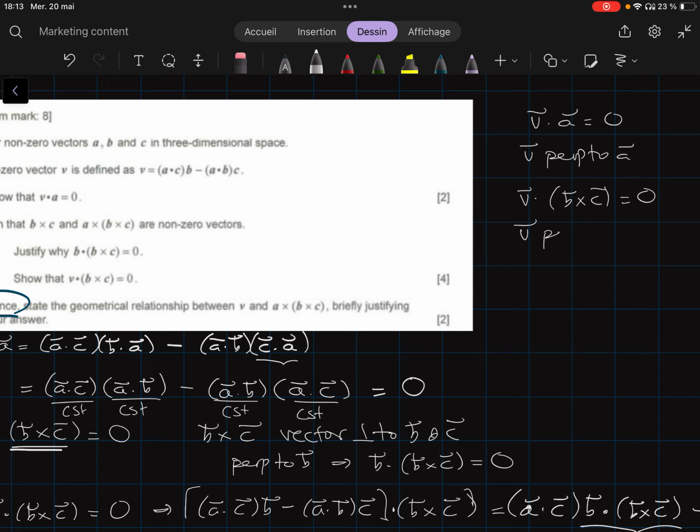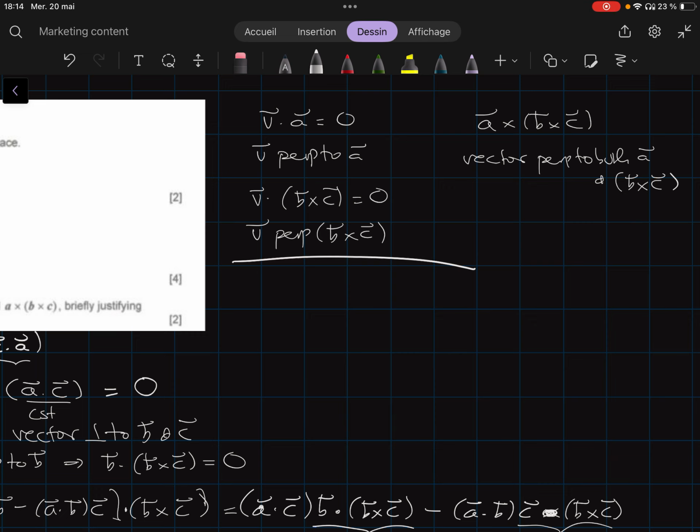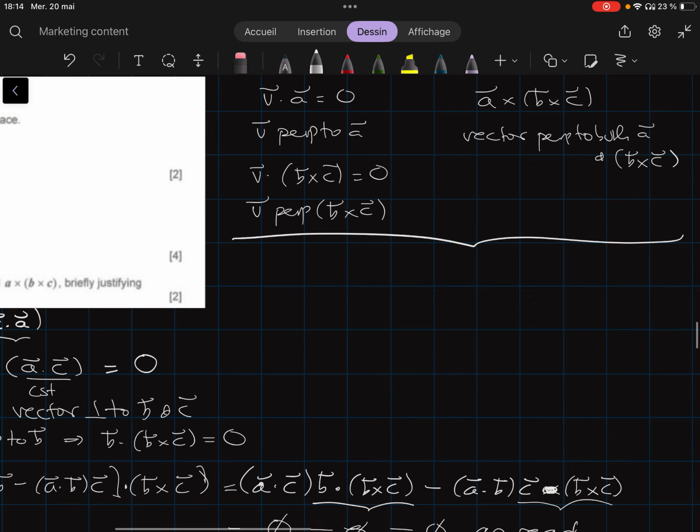So V is perpendicular to B cross C, right? What is A cross B cross C? It gives you, by definition, a vector that is perpendicular to both vector A and vector B cross C. In other words, these two are describing parallel vectors.